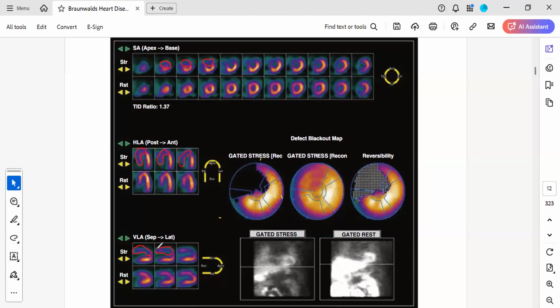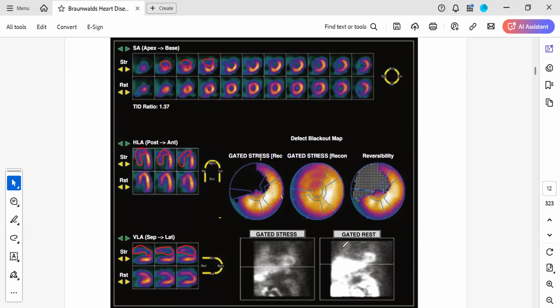So, looking at these areas, it means the anterior part of the apex, the lateral, the posterior aspect in the horizontal long axis, and the septal component of the vertical long axis are all affected.